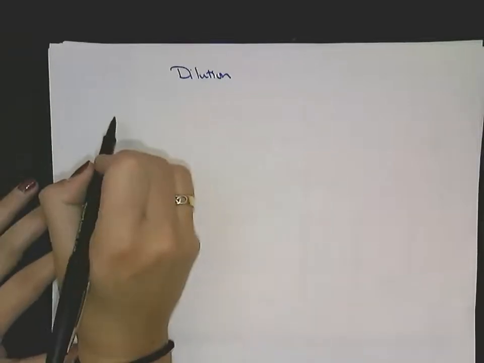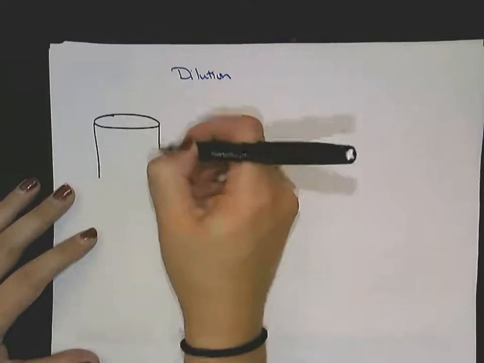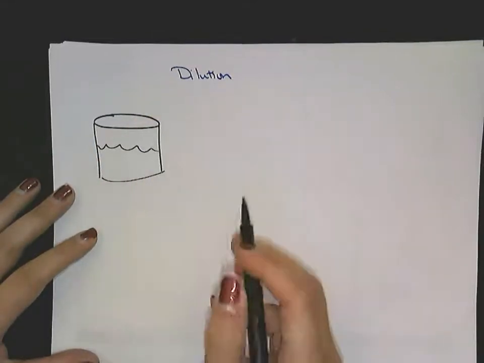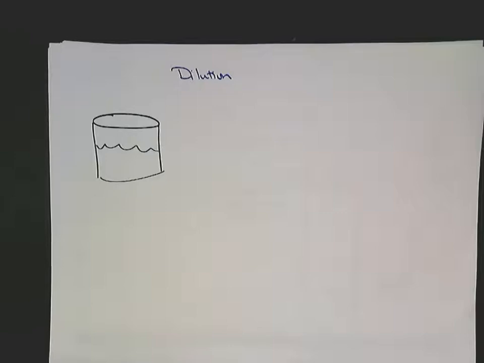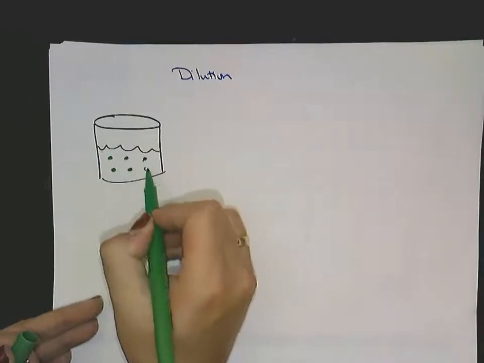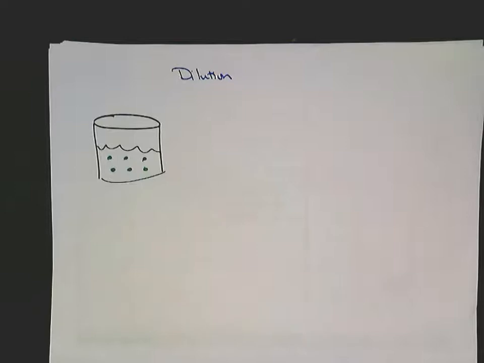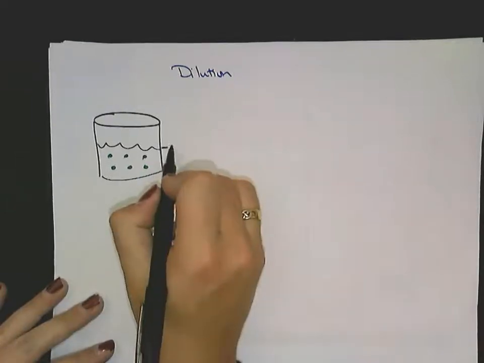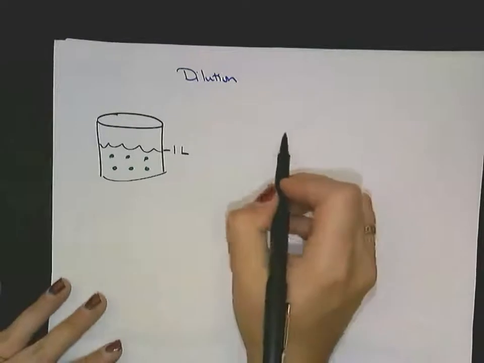All right, there was some sort of pre-lab question that had a picture of a beaker that had six things in it, and we'll say if this is a liter. Then I have this other beaker.